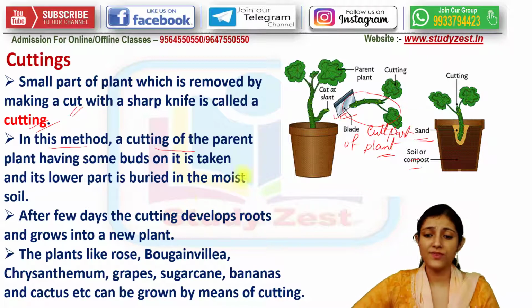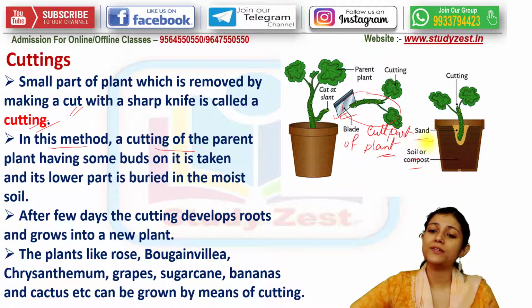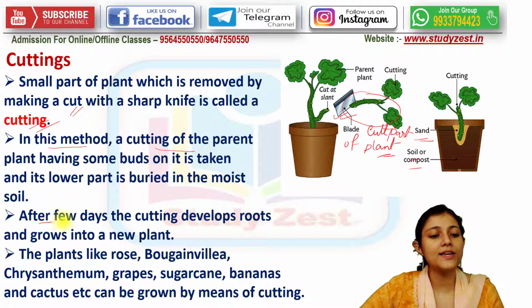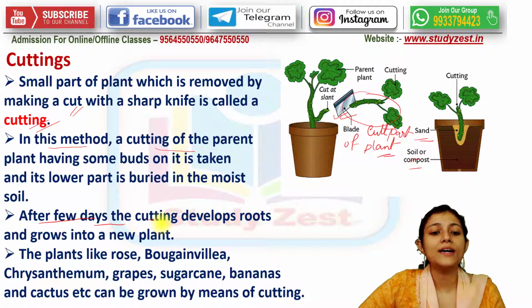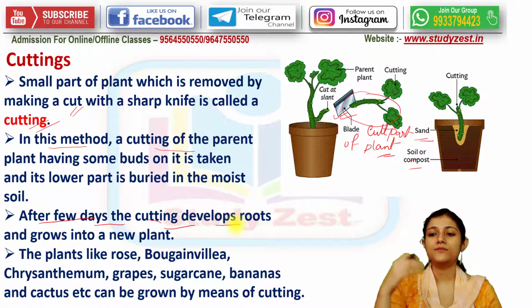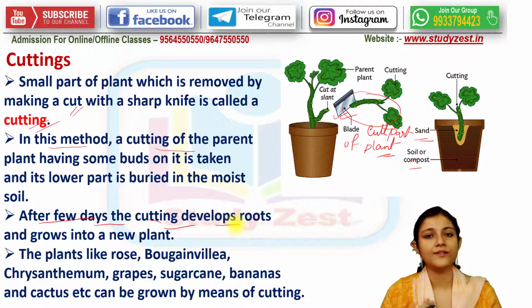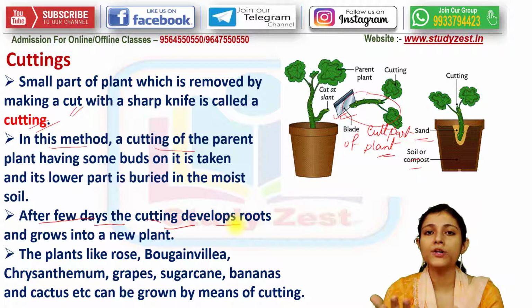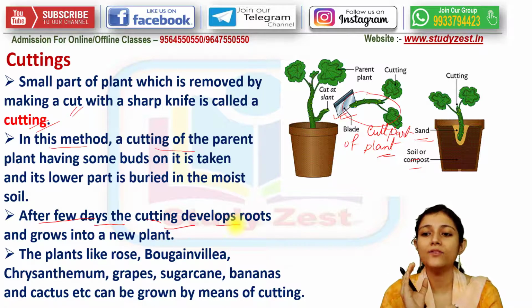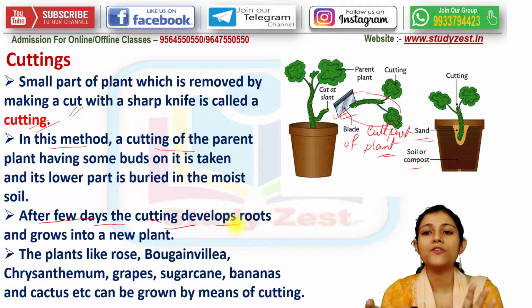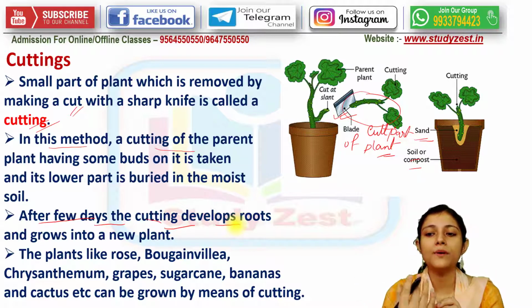After a few days we have to keep this potted plant in this state for at least a few days, and then we will observe that the cutting will develop roots. Initially the roots will develop, and when the roots absorb water from the soil, only then will food be produced through photosynthesis, and when the food is transported to every part of the plant, it will grow and develop properly.